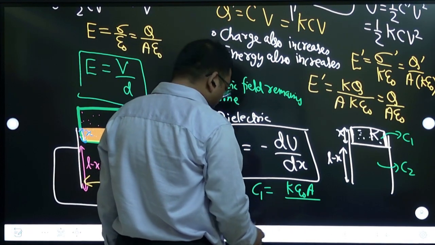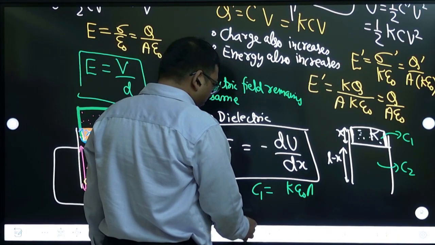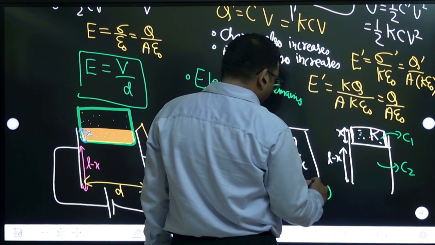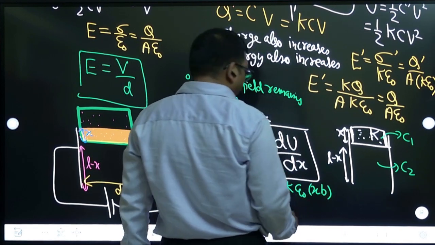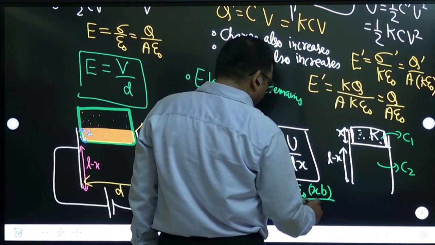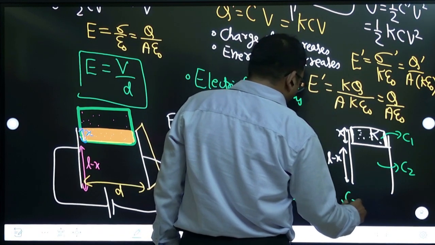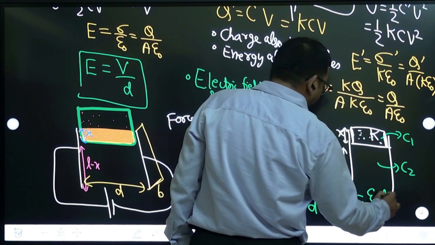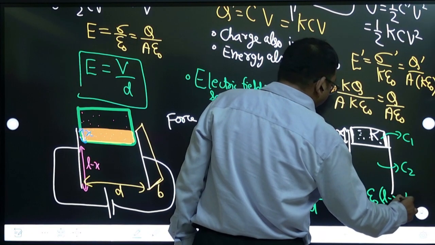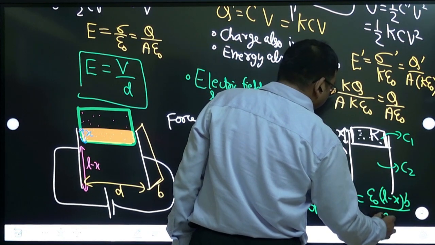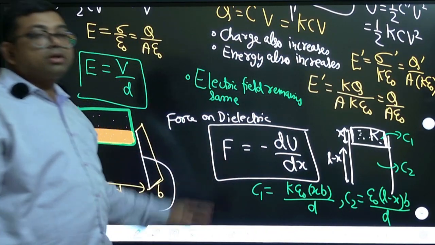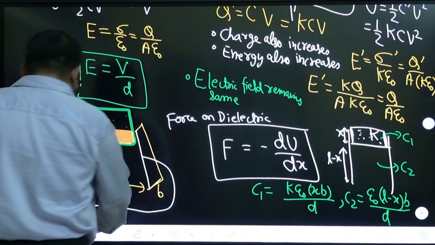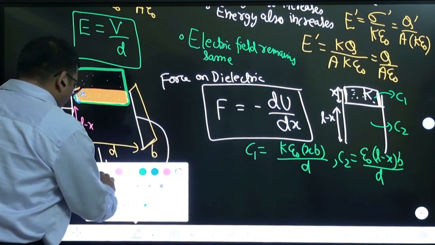Distance is d only, but let us write the area properly: area will be x into width b, divided by d. What about C2? Epsilon naught times area, which is L minus x into the width b, by distance d. These two capacitors C1 and C2 are in parallel. So first calculate C equivalent.